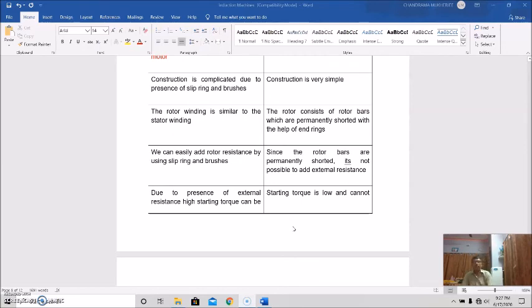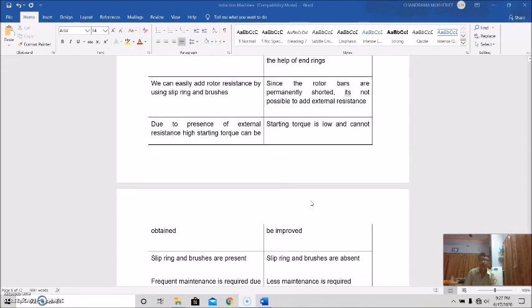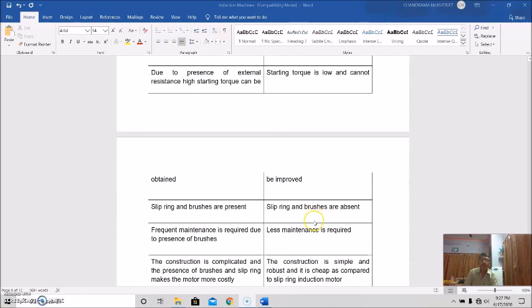Due to the presence of external resistance, high starting torque can be obtained for a wound rotor or slip ring induction motor, but in a squirrel cage induction motor, starting torque is low and cannot be improved. Slip rings and brushes are present in a slip ring induction motor, and they are not present in a squirrel cage motor, as we have seen in their construction.